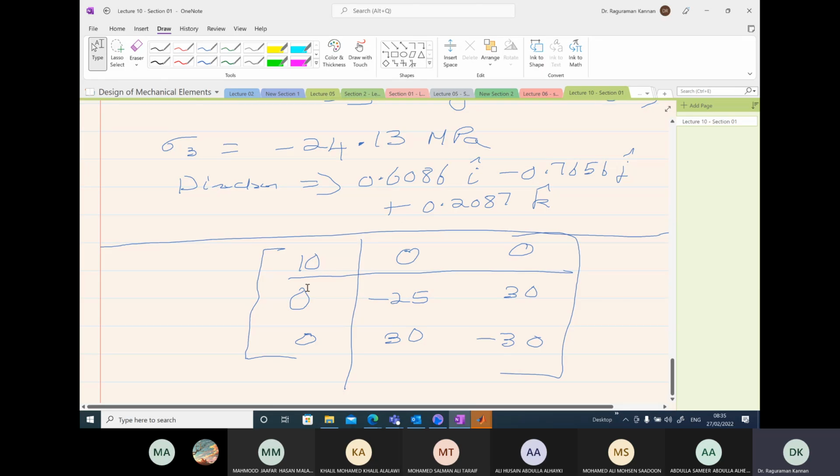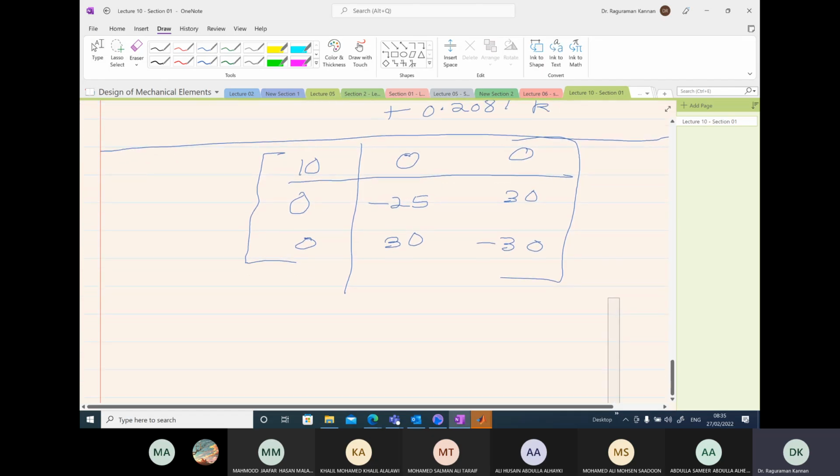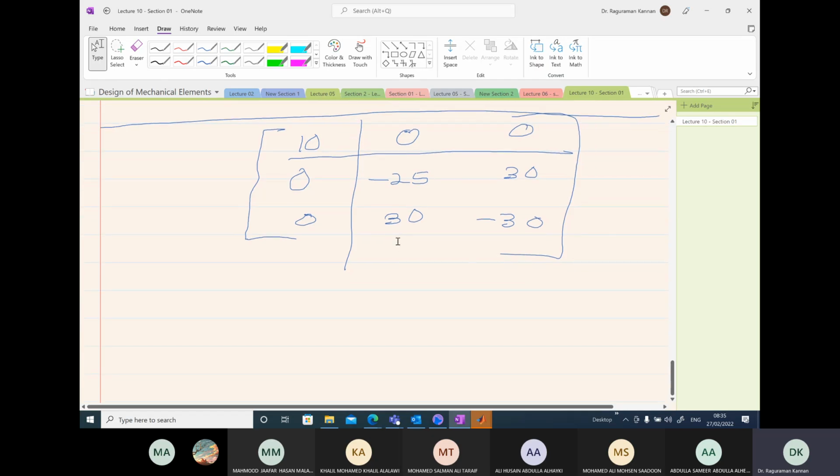Why? Because the shear stress values are 0 here, it implies that one of the principal stresses is along the x direction, and we have the principal stress value as 10. Okay, so this becomes one of the principal stress values. However, we have to get the other 2 principal stress values. How do we get them? We reduce it to a 2D problem and then get them along the y and z directions.